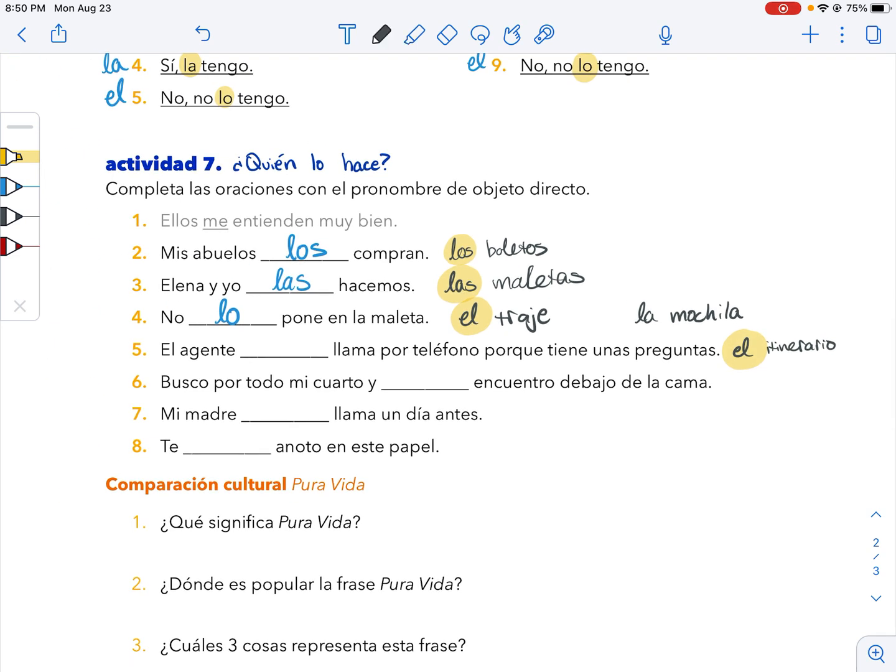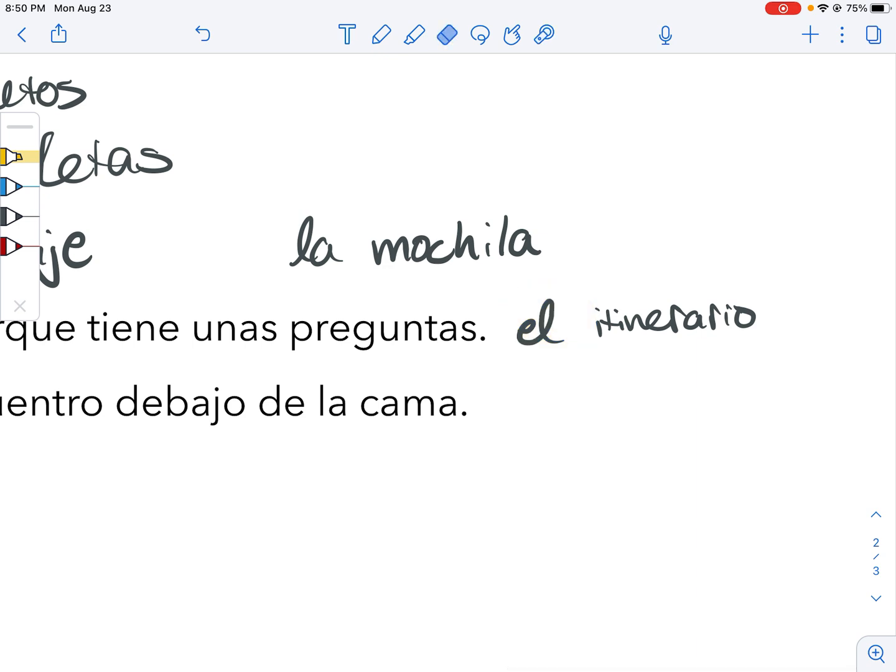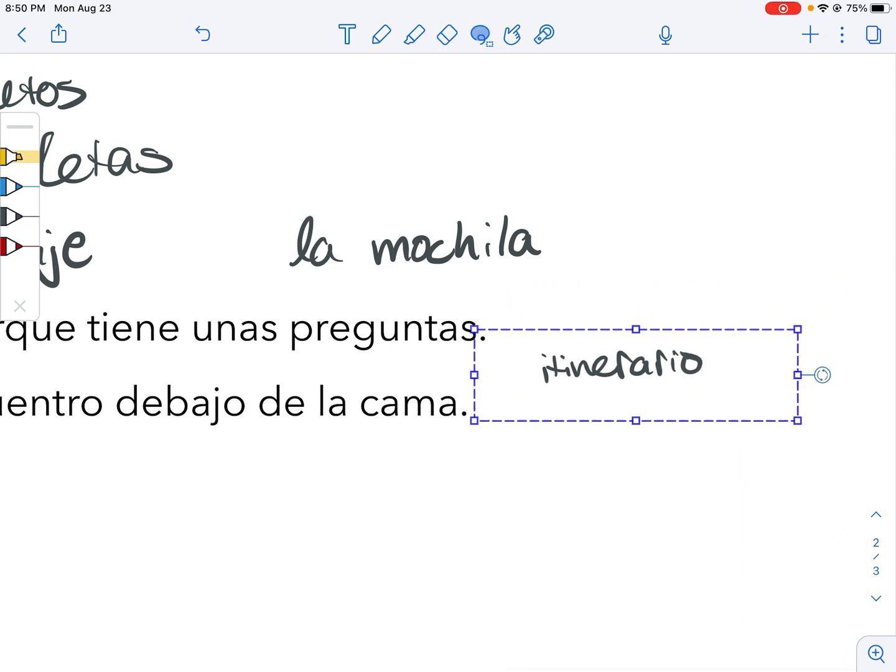El agente lo llama. Oh, wait. No, just kidding. He's not calling it, is he? He's calling somebody because he has some questions. Who is he going to call? Va a preparar nuestro itinerario. Oh, I steered you wrong. But we're back.